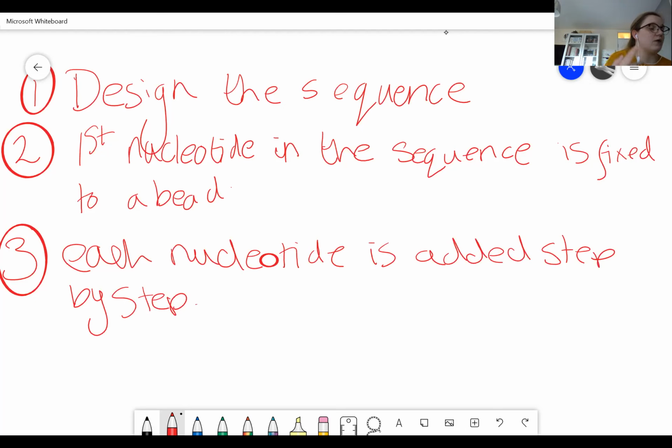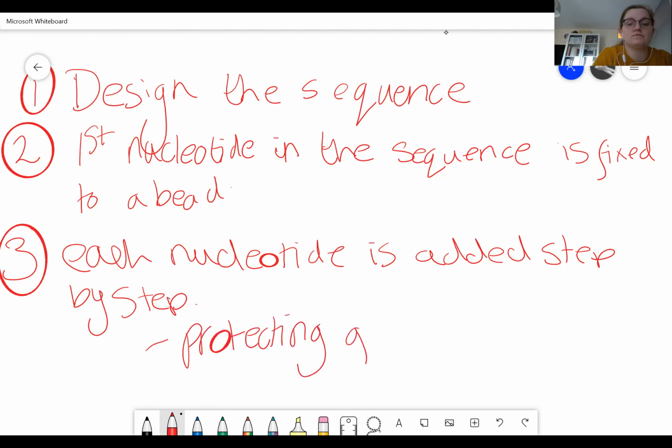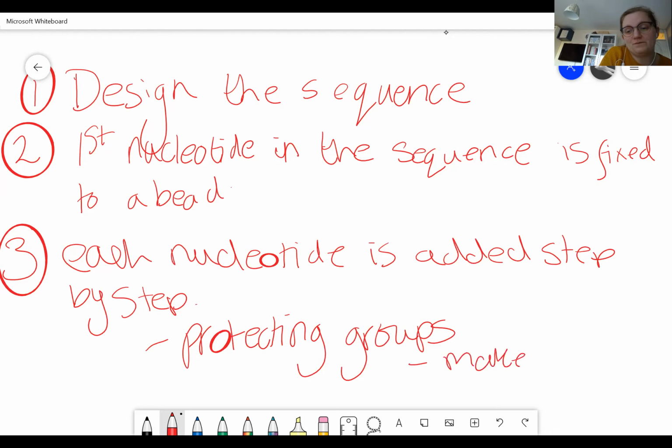And it's in a cycle process that includes adding something called protecting groups. So we add these protecting groups. And protecting groups, what they do is they actually make sure that the nucleotides are joined at the right point.